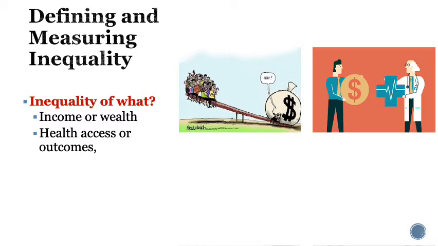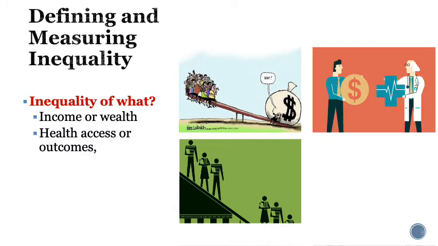Another parameter to think about when thinking about inequality is education, right? There is considerable evidence that there is a huge inequality in terms of education both in the US as well as globally.